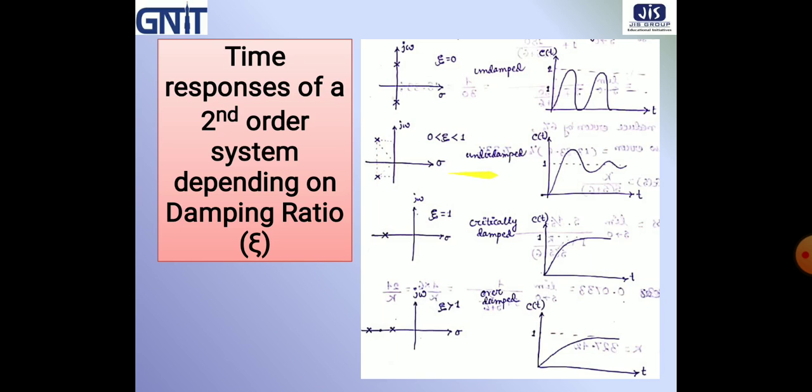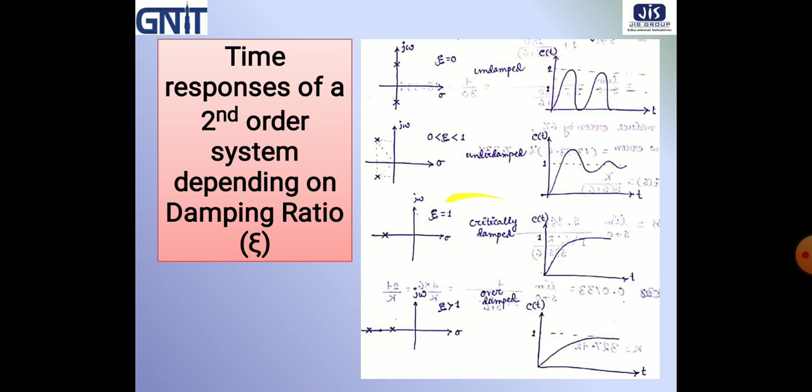And for the underdamped system, the response will be like this, it will settle down after a certain time. So this is our underdamped time response. We can say if the complex conjugate poles are present in the negative real axis, then the response will settle down or be stable after a certain value.